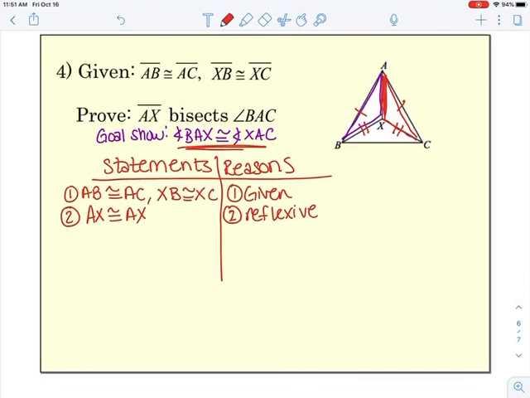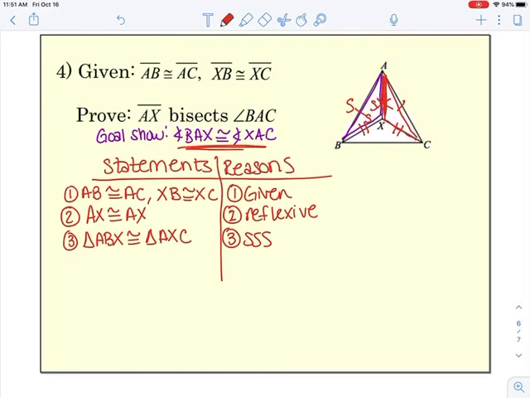And now I have enough information to prove those two triangles congruent. I have a side, and another side. So triangle ABX is congruent to triangle AXC, and that's because of side, side, side.